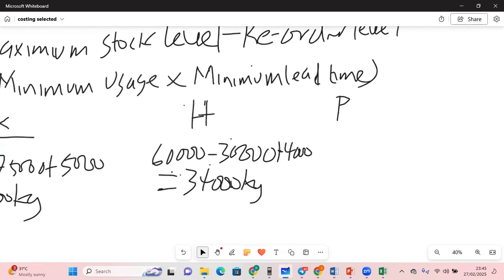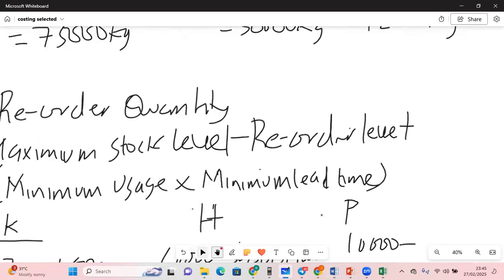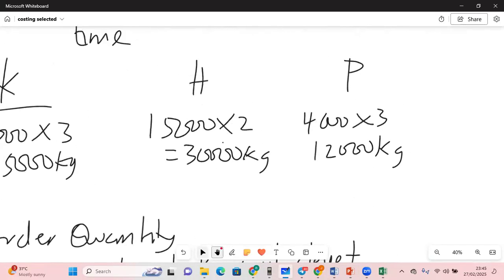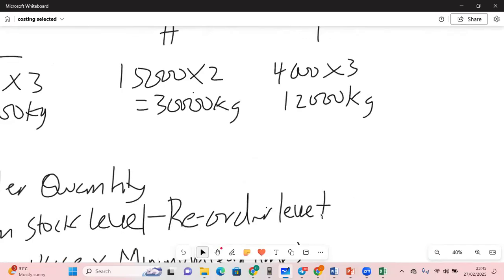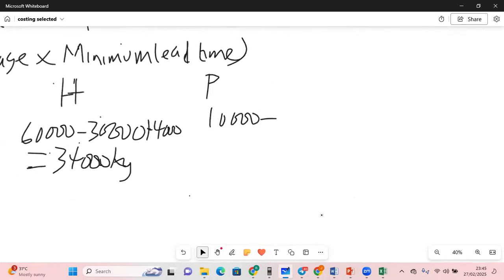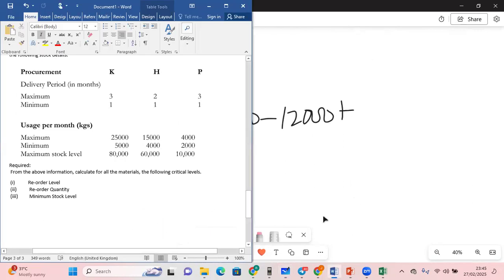Now at P, our maximum stock level is 10,000 minus what we computed. We computed the reorder level to be 12,000, plus minimum usage times minimum lead time.